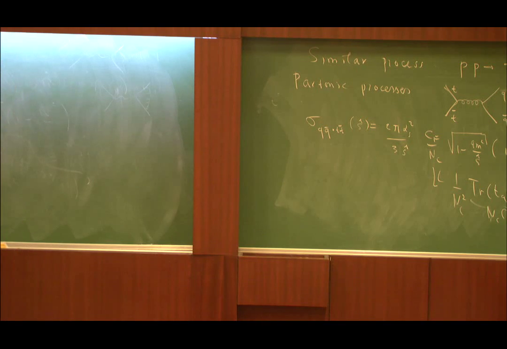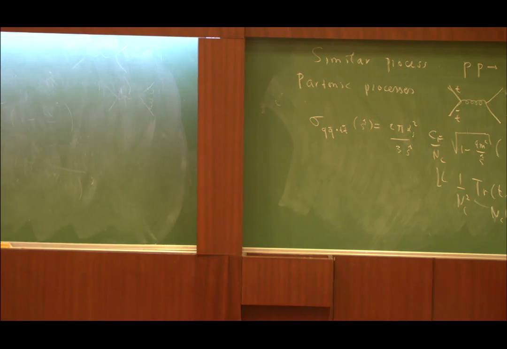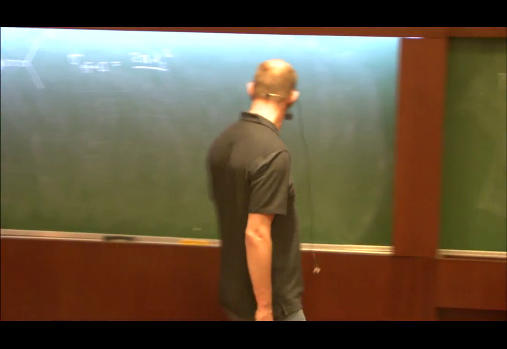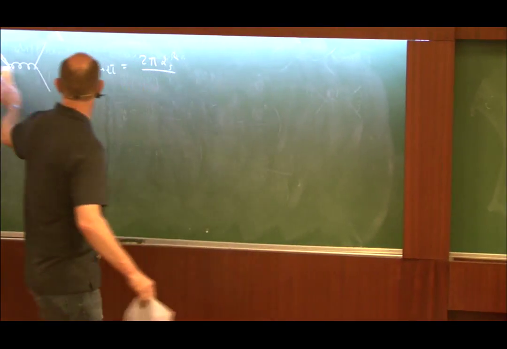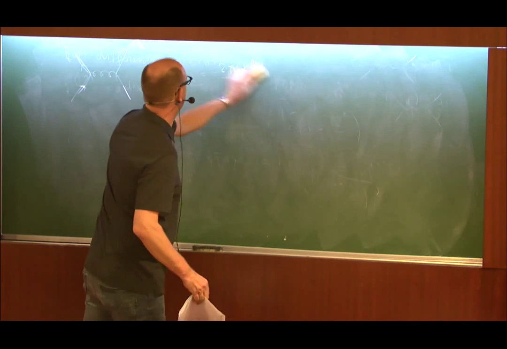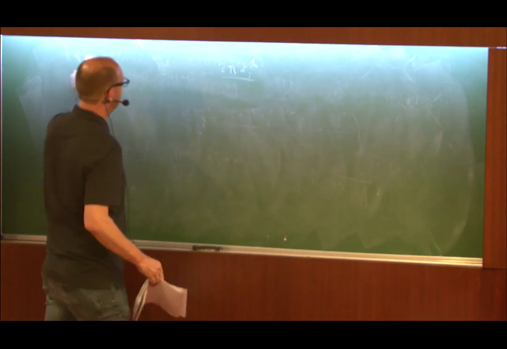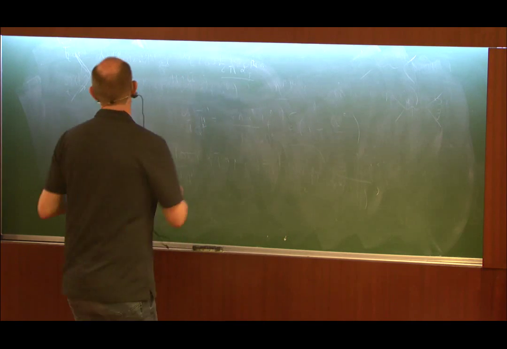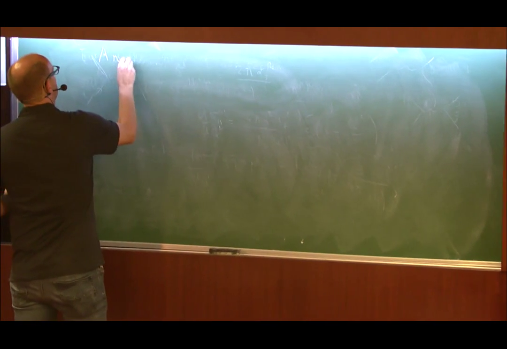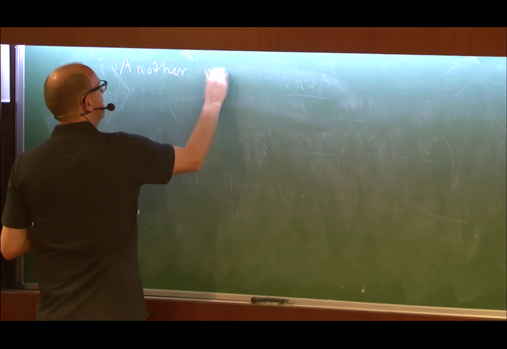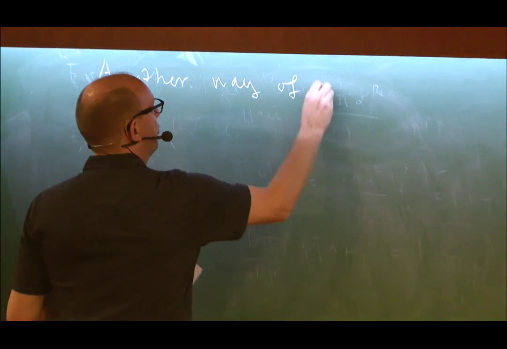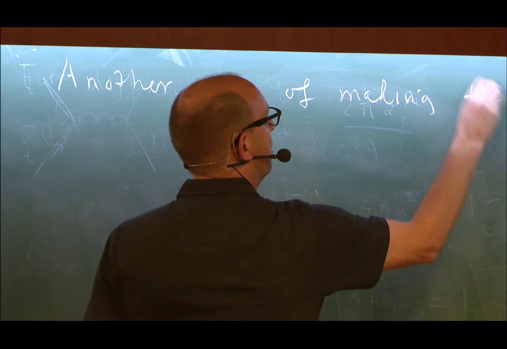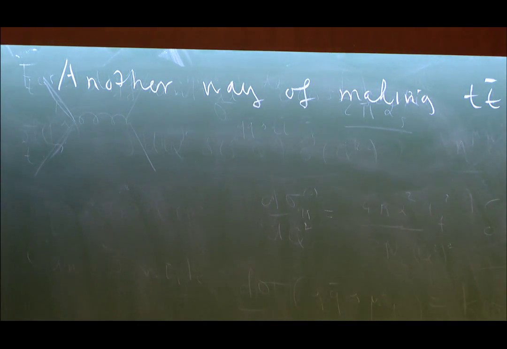For example, let's look at another way of making a top anti-top pair, making a t t-bar with initial state gluons.